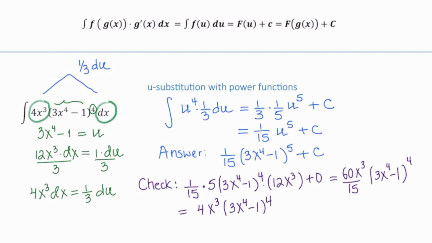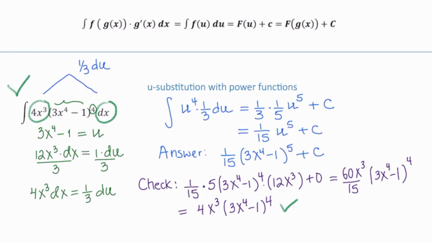And this checks out. That is exactly what we started with. Okay? Now, this last step is not necessary if you feel confident that you've done your computations correctly, but as you're learning this method, I don't think it's a bad idea to just go ahead and check, and it will also let you practice your differentiation skills.